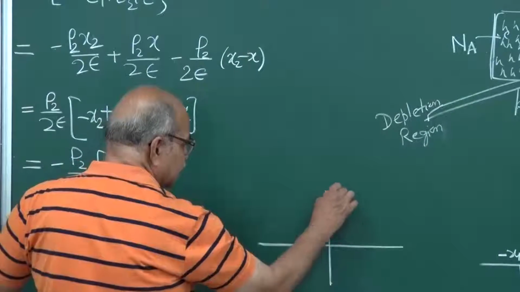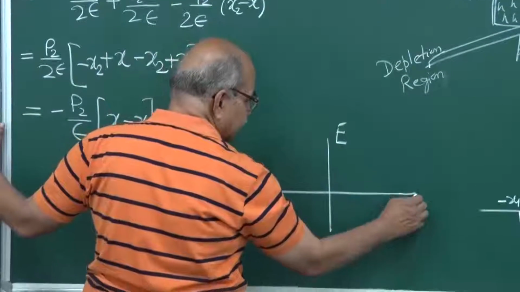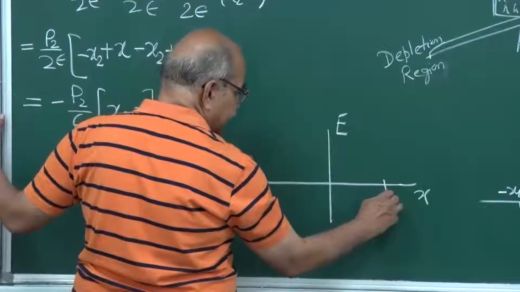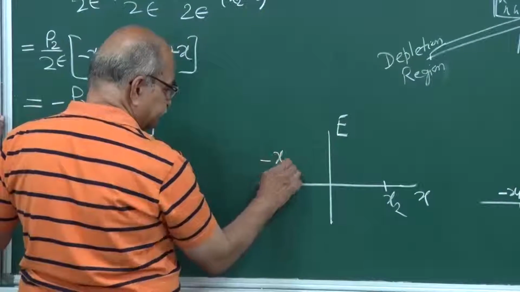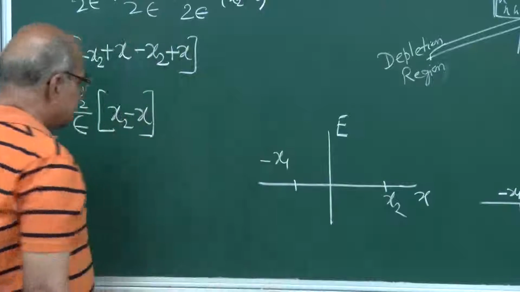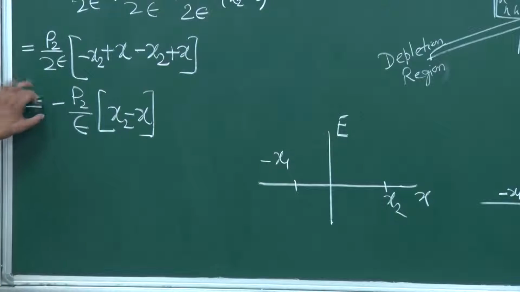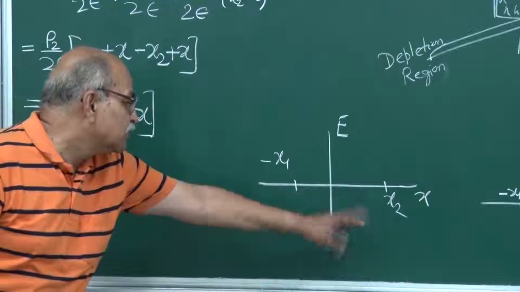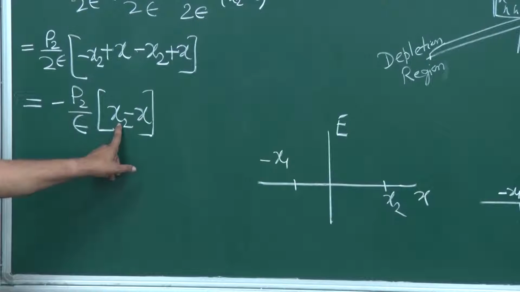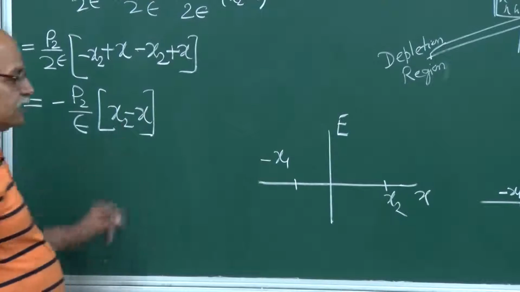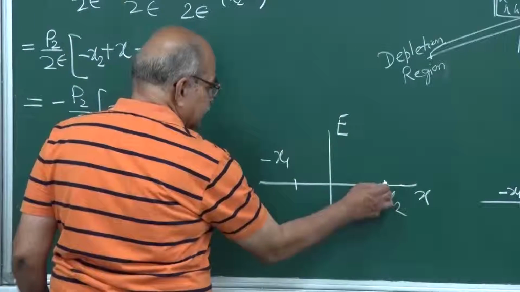Now I am plotting this E here, and this is x, this is the point x2, let us say, and this is that point minus x1, and I have calculated for this region only. This is negative, so this electric field will be on the negative side. At x equal to x2, the electric field will be 0. So here the electric field will be 0.